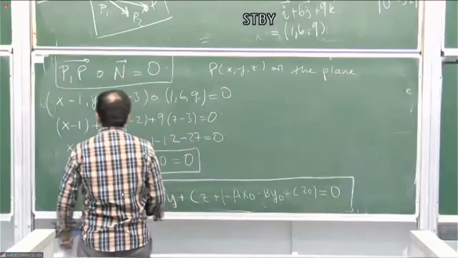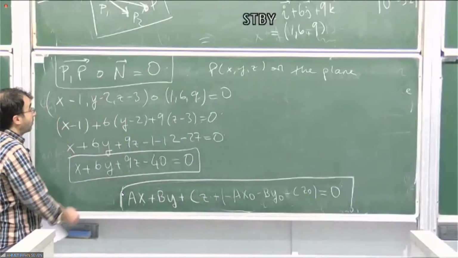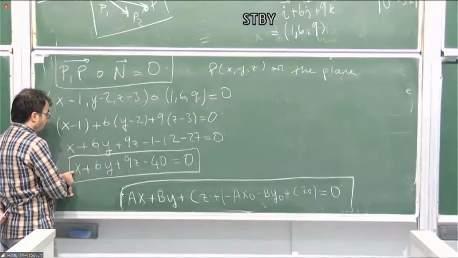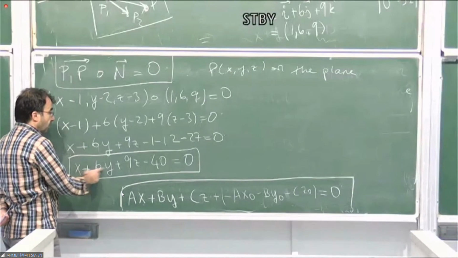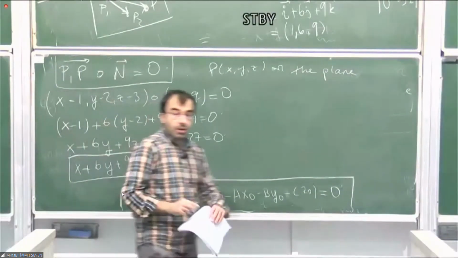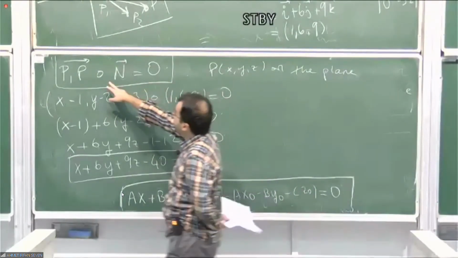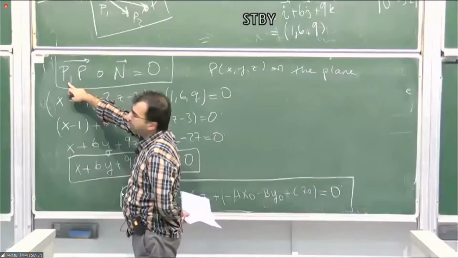And also you may note that this normal vector 1, 6, 9 appears in front of x, y, z here, right? So there is 1 in here, 6, 9. Okay, well, also, you see in writing this equation, I used the point P1.